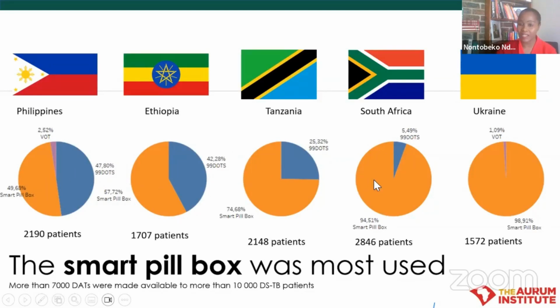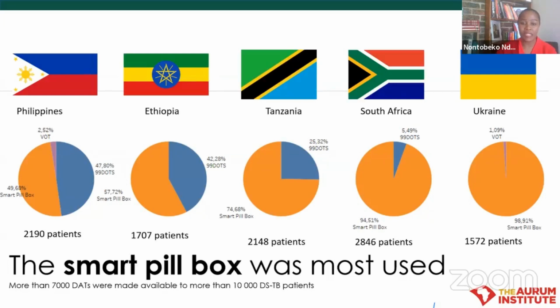And some countries like South Africa, we ended up having to do away with 99 dots. We couldn't really implement it in our country. We tried though, and we ended up having to go with the smart pillbox mostly.